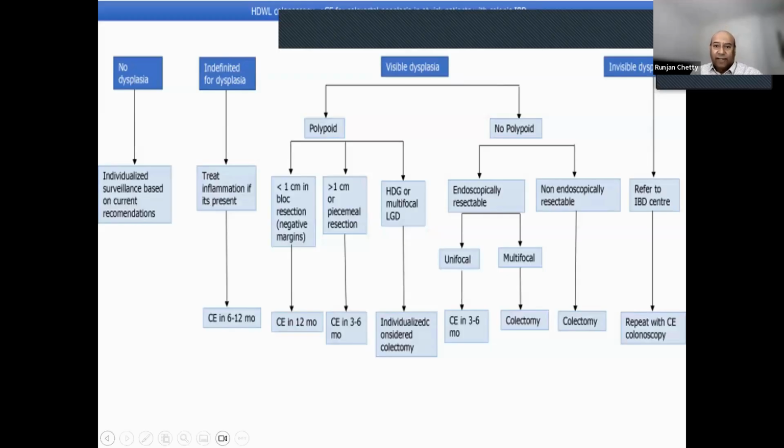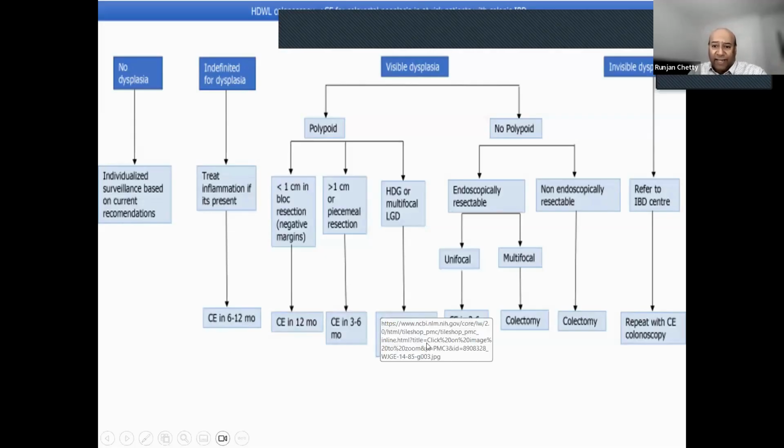So again, usually they biopsy suspicious areas, but when they do a whole colonic series, you have to be vigilant for the presence of multifocal low-grade dysplasia in any of the fragments that are submitted. And this has considerable implications on patient management.